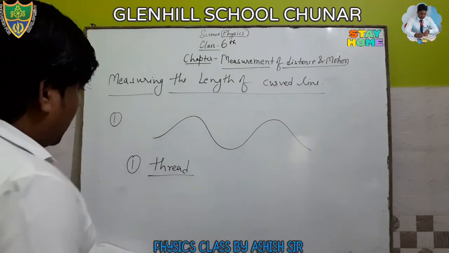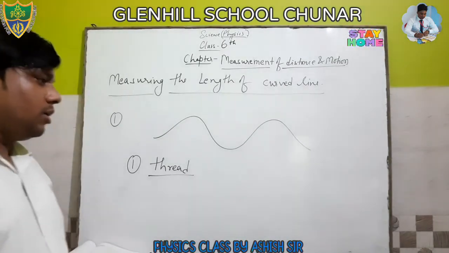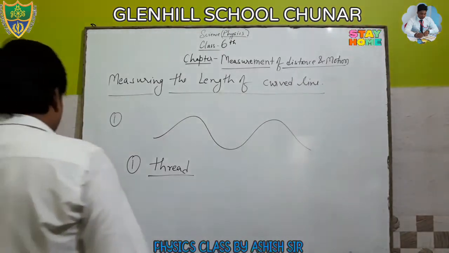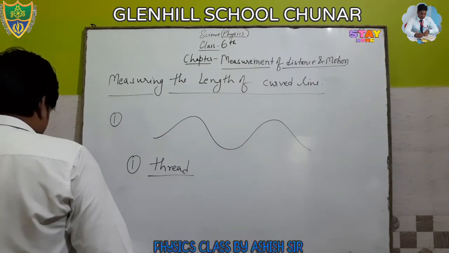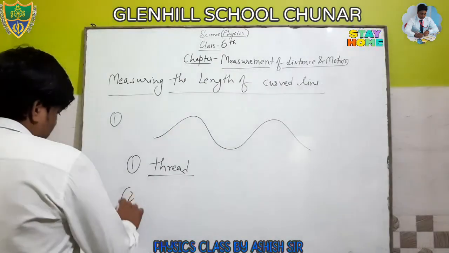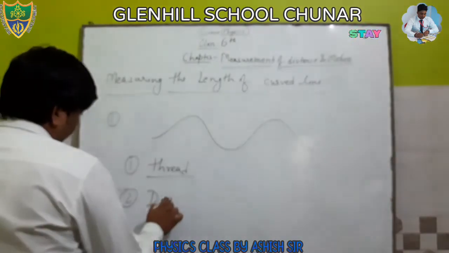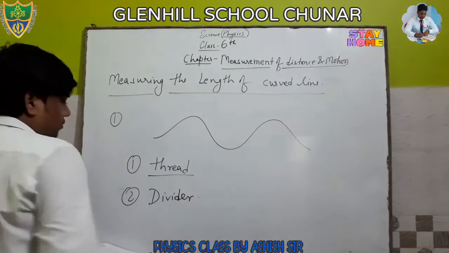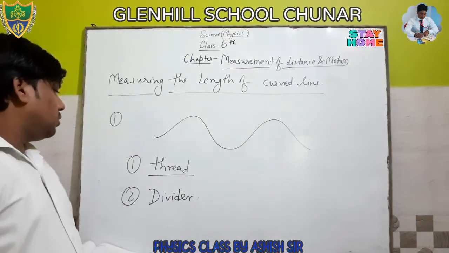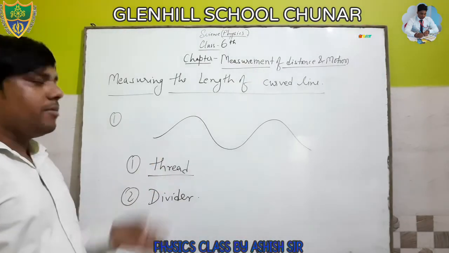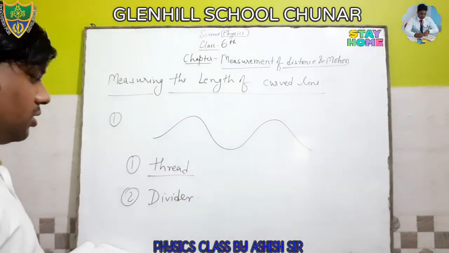And for measuring the curved line, you also use a divider, which is present in your geometry box. You use a divider or thread for measuring the curved line. Understood? Okay.